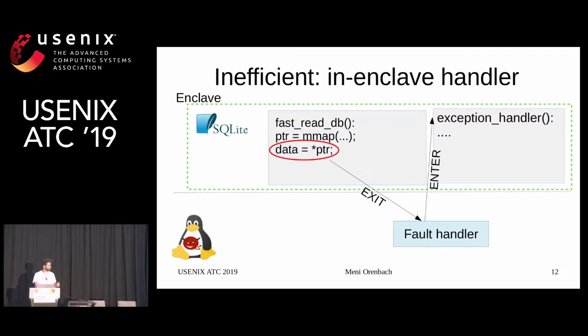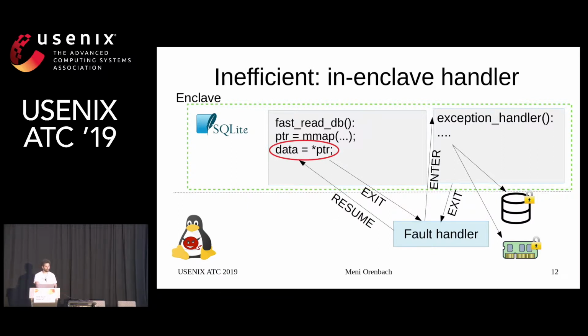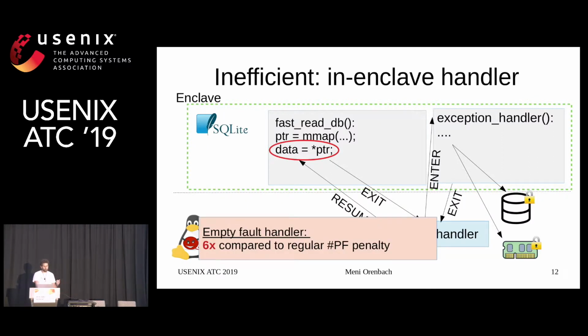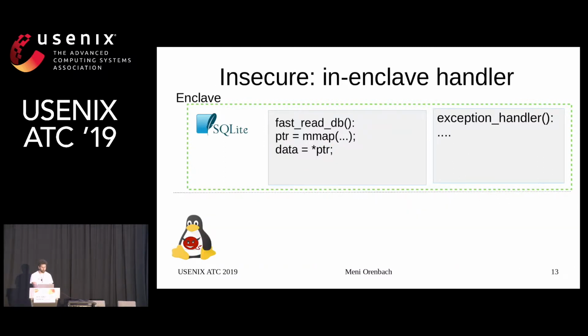We'll enter into an exception handler in the enclave, resolve the fault, exit again to the operating system fault handler, and resume the execution of the enclave. Even for an empty fault handler, this is 2 enclave transitions, which are known to be very costly. Apparently, it's 6 times more costly compared to traditional page faults that we measured.